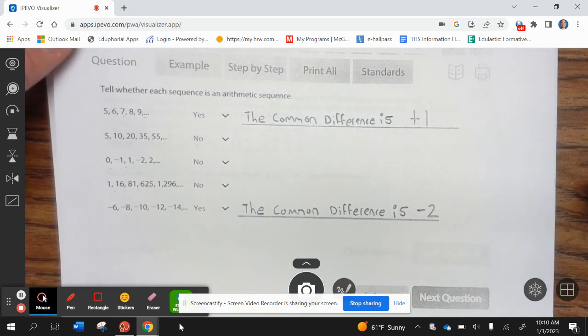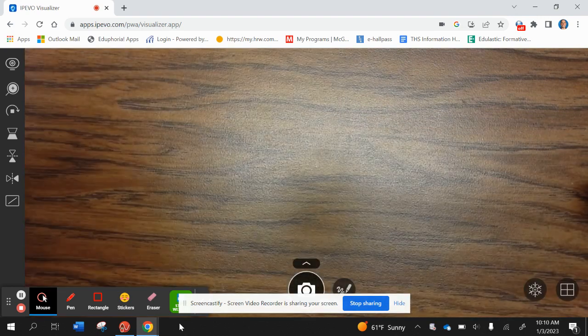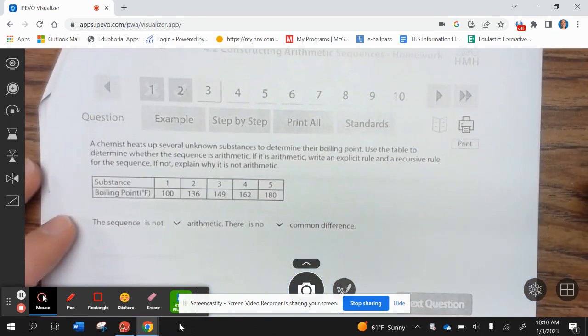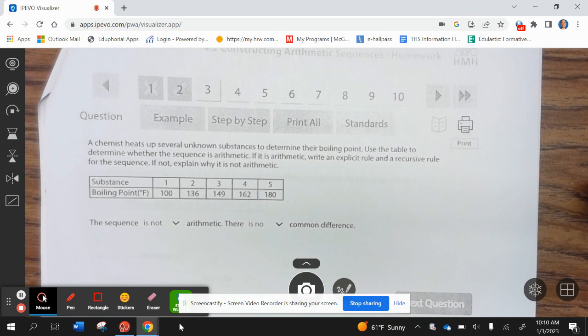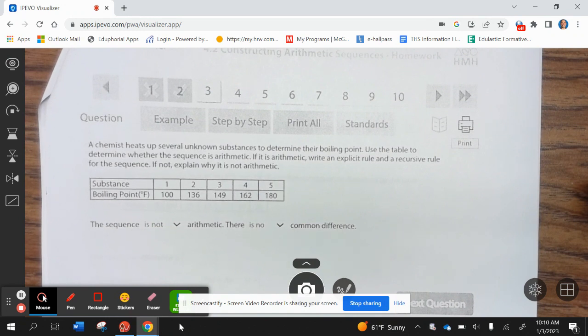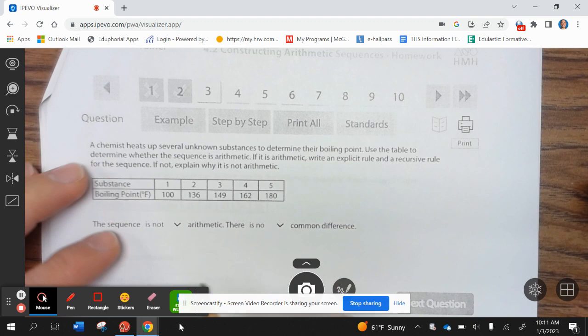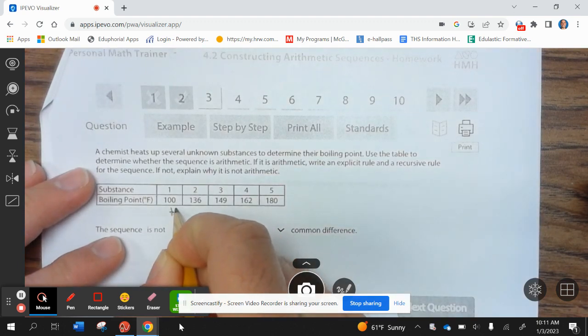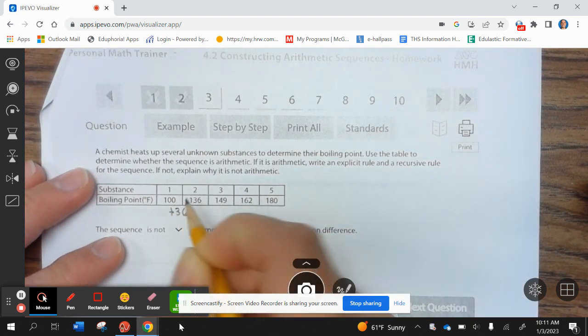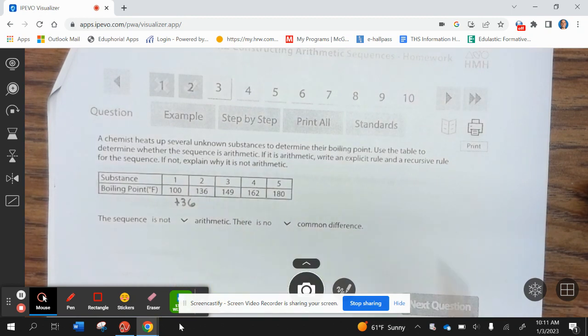All right, let's take a look at the next example. A chemist heats up several unknown substances to determine their boiling point. Use a table to determine whether the sequence is arithmetic. If it is arithmetic, write an explicit rule and recursive rule for the sequence. If not, explain why it's not arithmetic. So here we add 36 to get from 100 to 136.